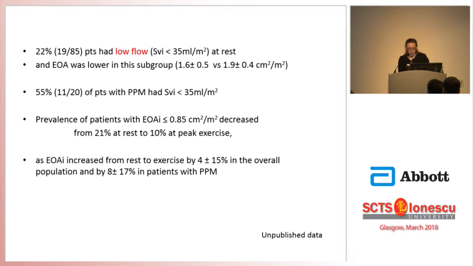More than half of patients with PPM had a stroke volume index less than 35 milliliters per meter square. And the prevalence of patients with PPM decreased from 21% at rest to 10% at peak exercise, as the indexed effective orifice area increased from rest to exercise by 4% in the overall population and even more, 8%, in patients with PPM.